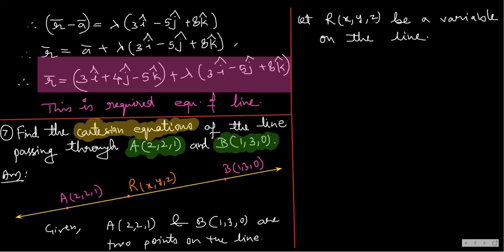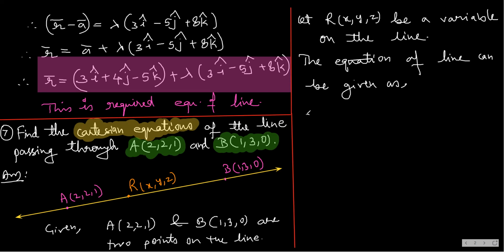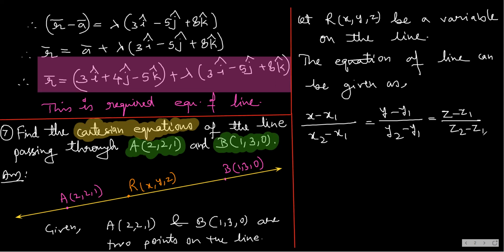I will write the equation of line can be given as, how it can be given? See students, it is (x minus x1) upon (x2 minus x1) equals (y minus y1) upon (y2 minus y1) equals (z minus z1) upon (z2 minus z1).